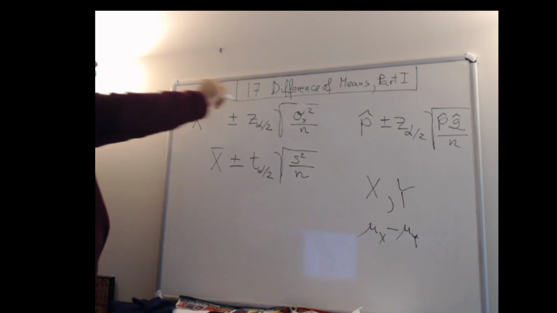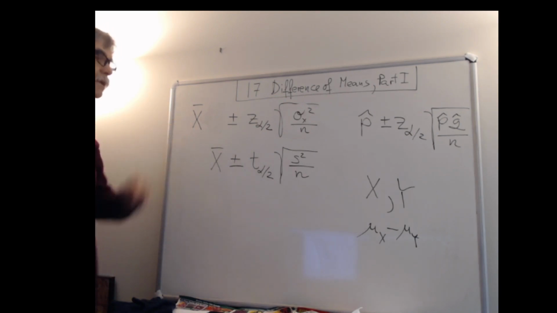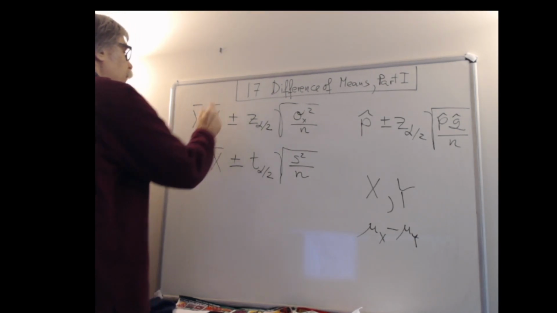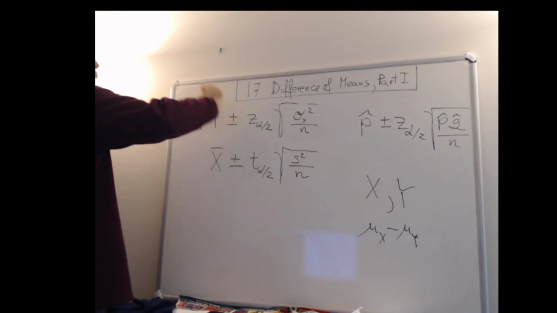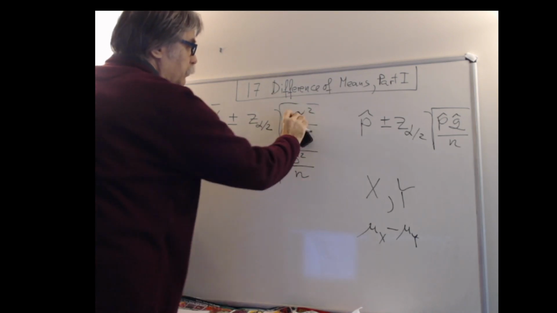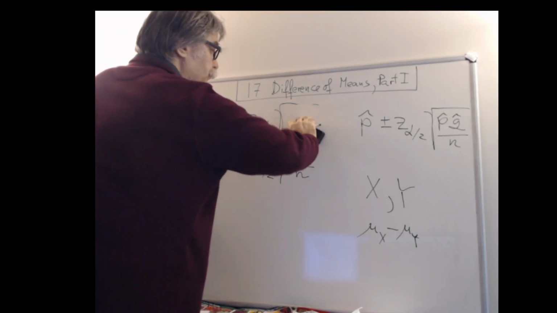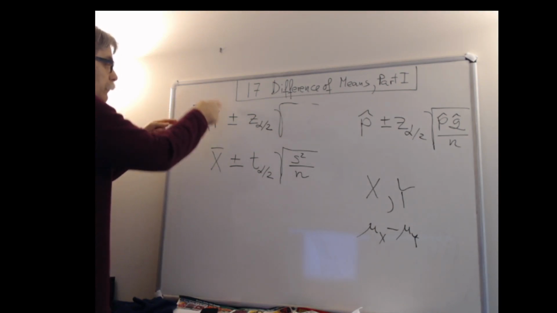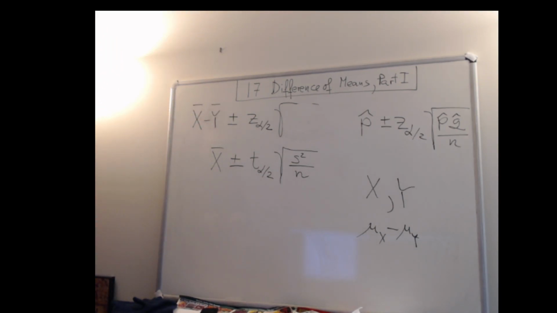The central limit theorem says this is the variance of this guy. But now you have a different variable, this one here. So I need to replace the variance of this guy with the variance of the difference of the two sample means.